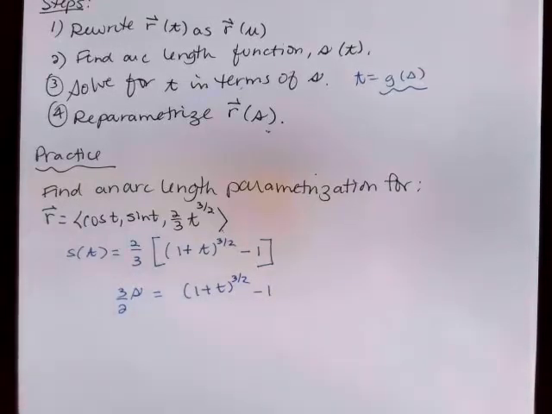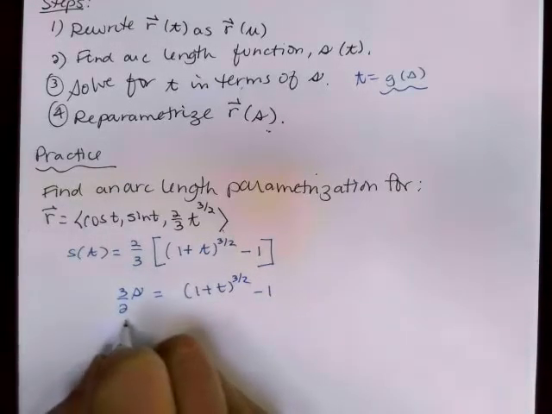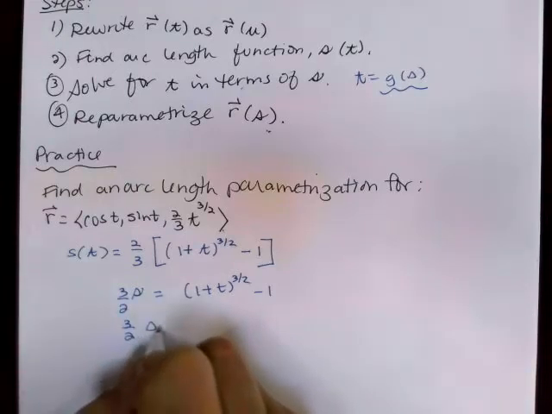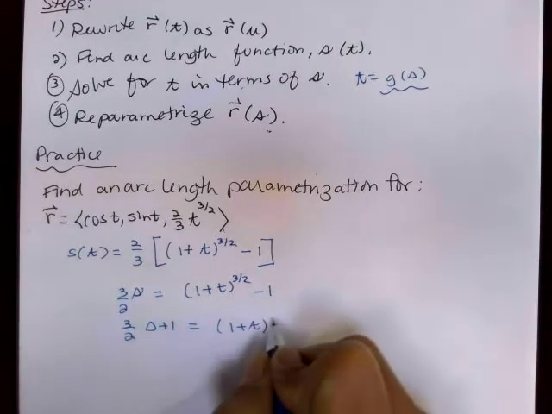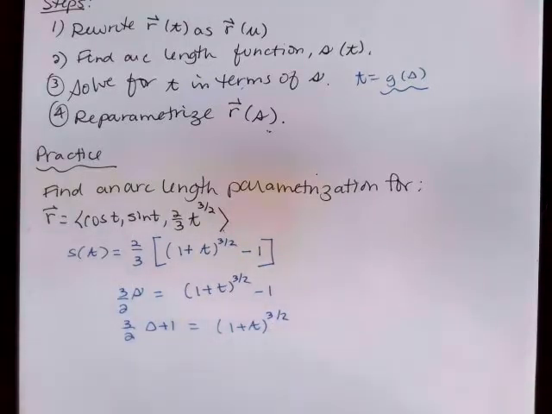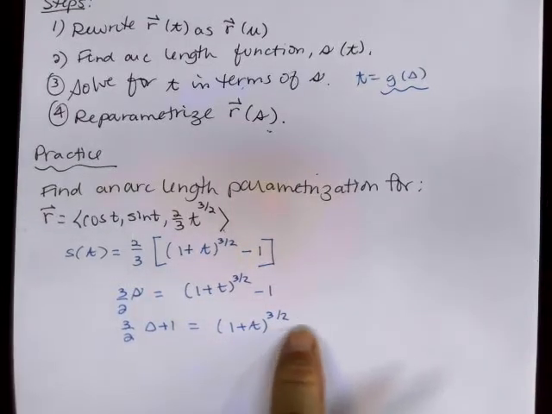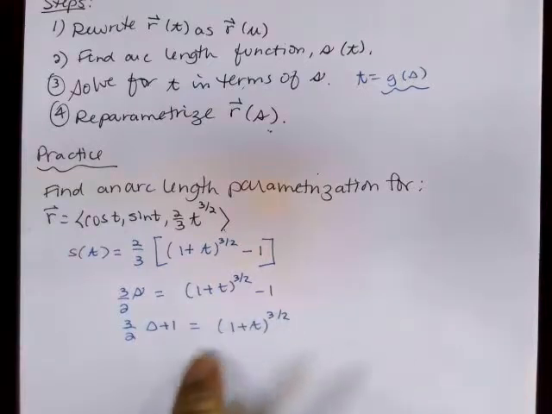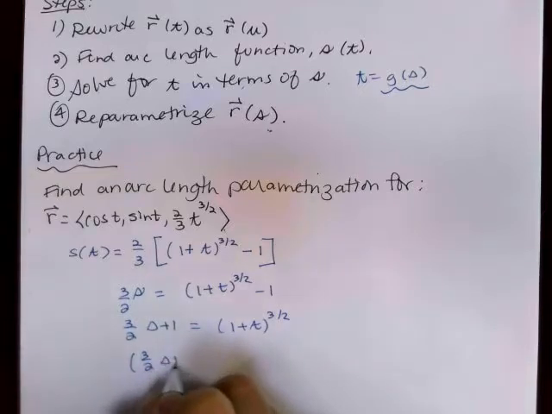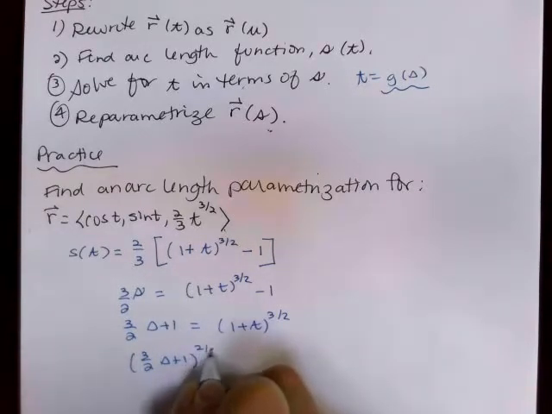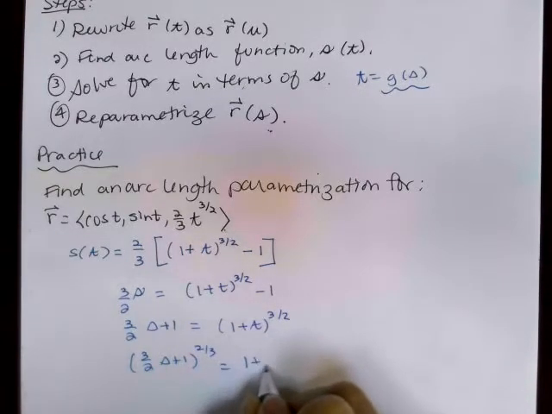The 1 is the next thing on the outside, so add 1 to both sides. So 3/2 s plus 1 equals 1 plus t to the 3/2. We're looking to get at t. Now it's being held prisoner by this exponent, so raise both sides to the 2/3, the reciprocal. So 3/2 s plus 1, to the 2/3, equals 1 plus t.